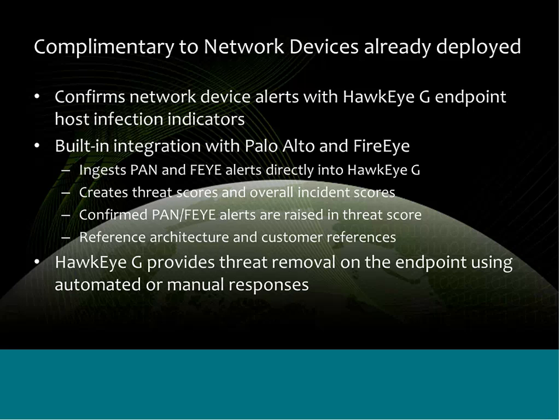If you have Palo Alto and FireEye, let's talk, because we can bring those threat alerts directly into HawkEye G. You get actionable verification of whether the host was infected or not. You get the ability to do countermeasures, either machine-guided manual or automation, to whack the malware and stop the threat activity before there's a breach or compromise, with built-in integration.